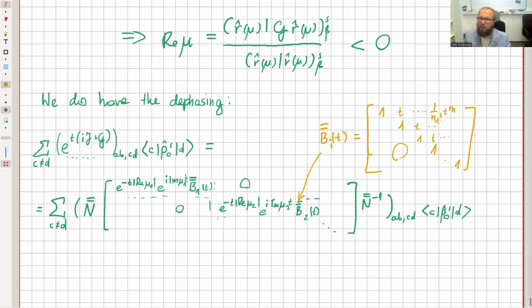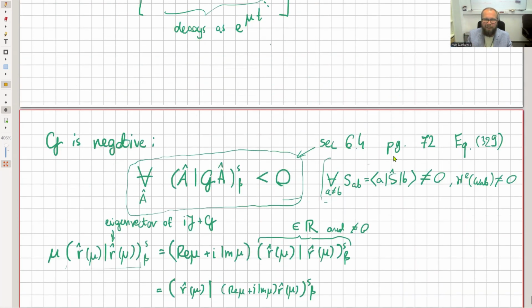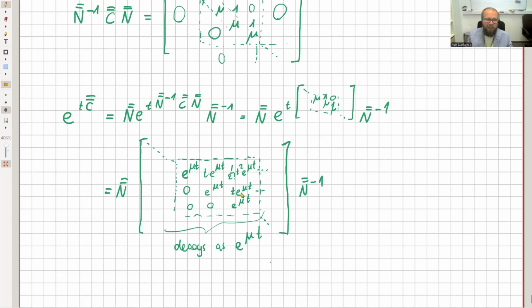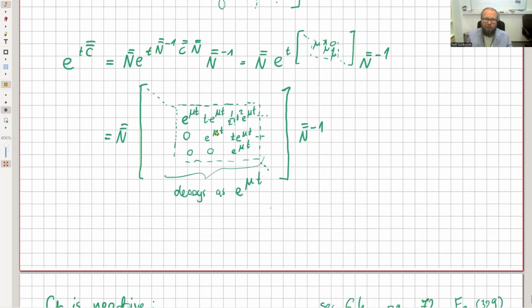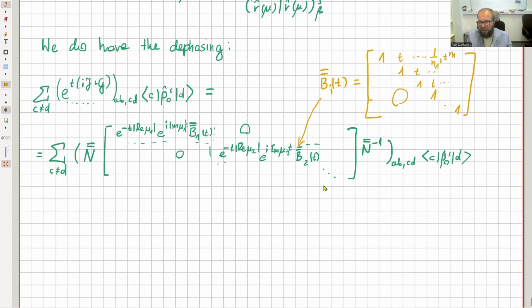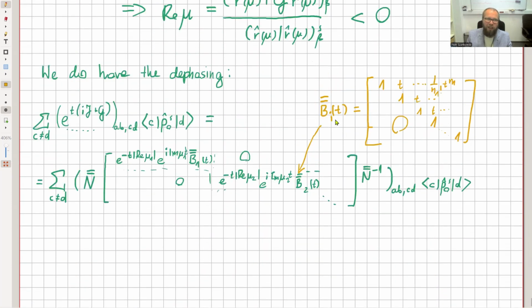So this is a Jordan block, and it is supposed to represent this thing here with the exponential attenuation factor extracted.